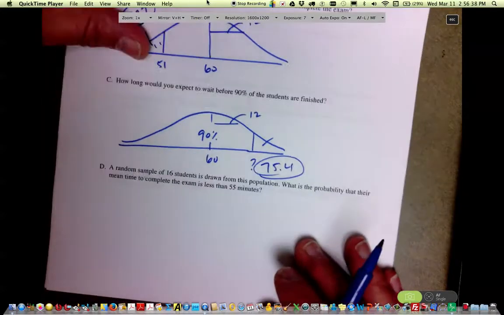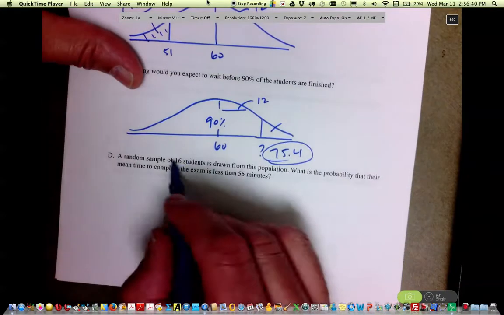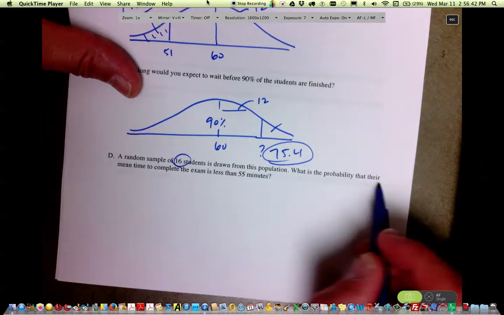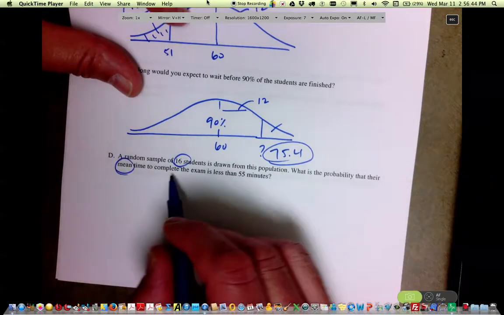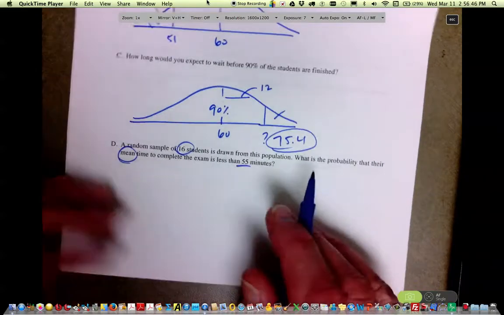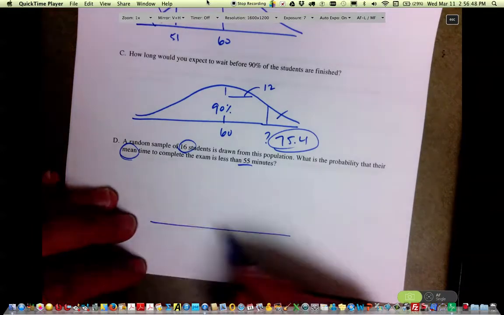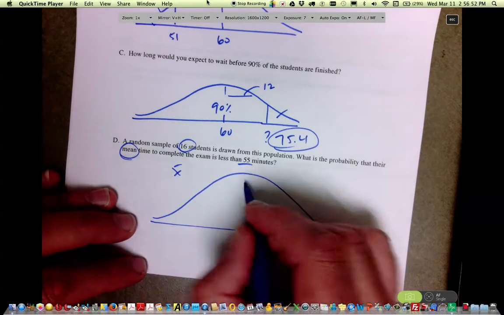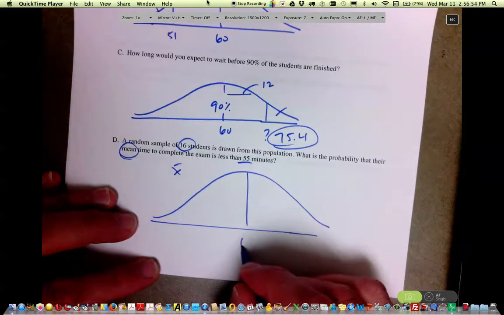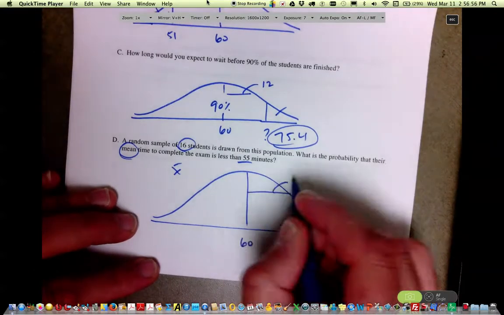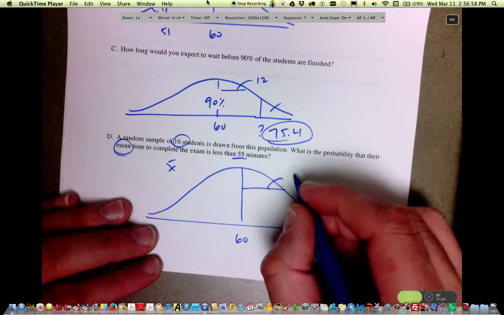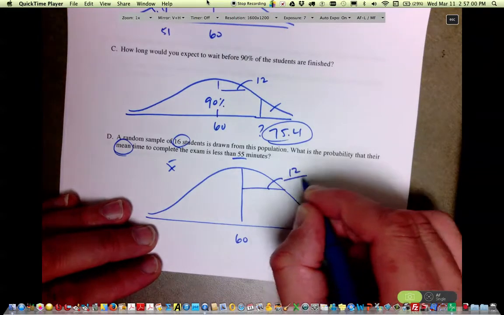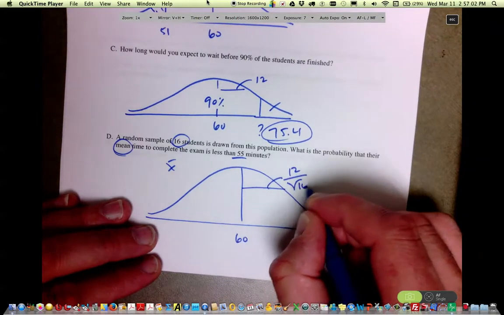Okay, a random sample of 16 students. What's the probability that their mean time will be less than 55? All right, so now we're looking at a sampling distribution of a mean. We'd expect the average there to be 60 again, but the standard deviation is not going to be 12, it's going to be 12 divided by the square root of 16.